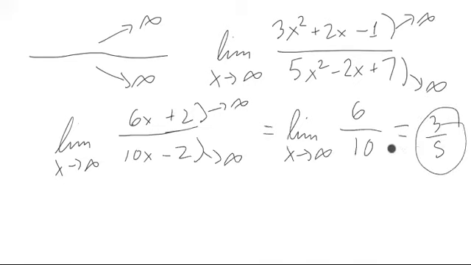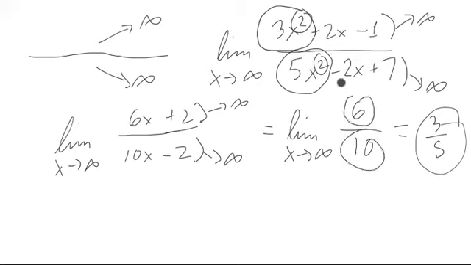Now, let's actually take a look at what's happening here. When we use L'Hopital's rule, notice how the leading term here has the same degree as the leading term here in the denominator. So that means it's going to take the same number of derivatives to make these get down to be constants. Now, in the process, guess what's going to fall away?